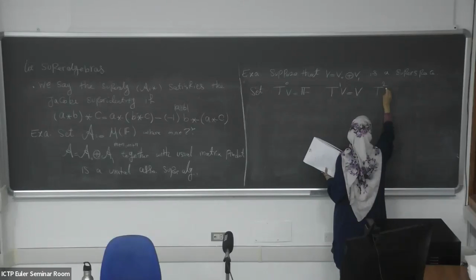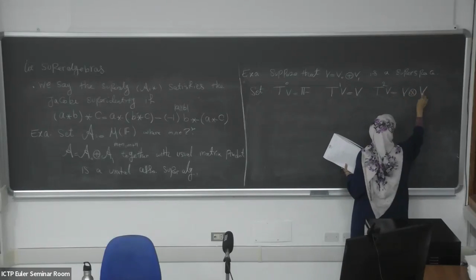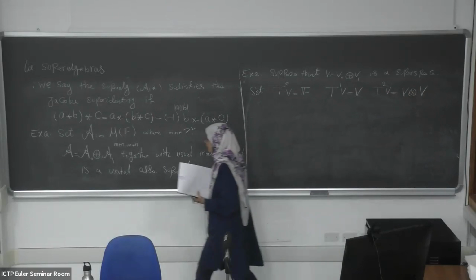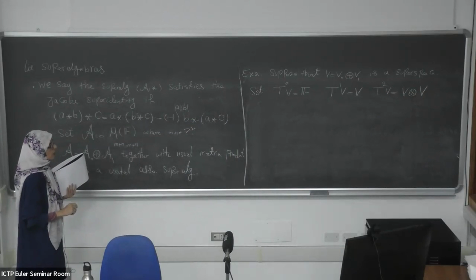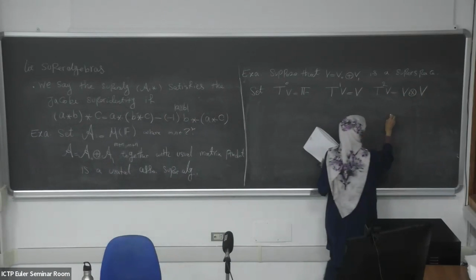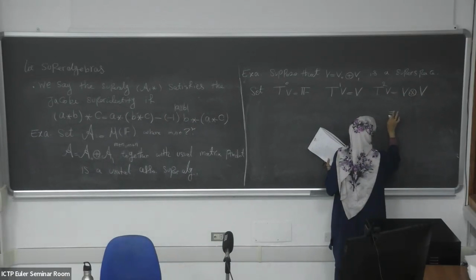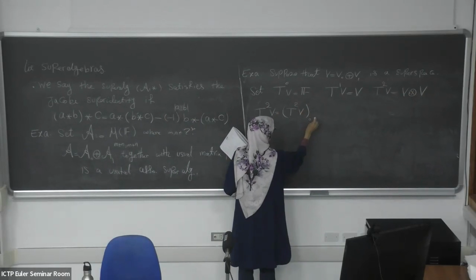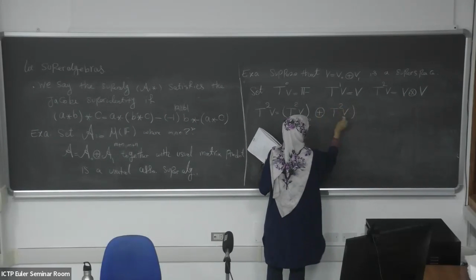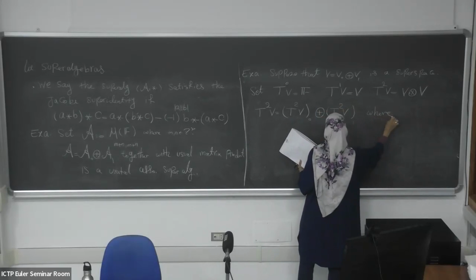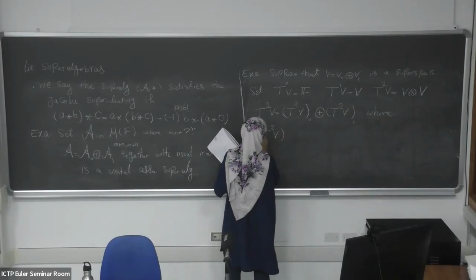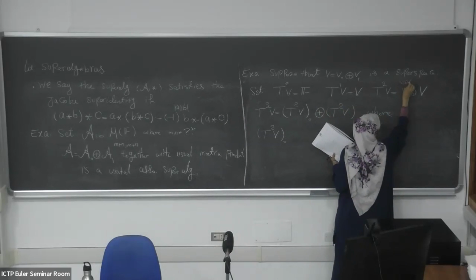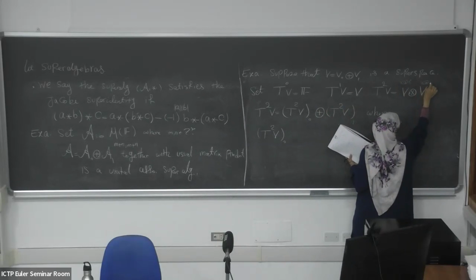I set T2V to be the tensor product of V with V over F. I don't write it, you know that I'm talking about the tensor product over the field F. And if we look at this T2V, I can write it as T2V0 direct sum T2V1, where V is V0 direct sum V1, and this V also is V0 direct sum V1.